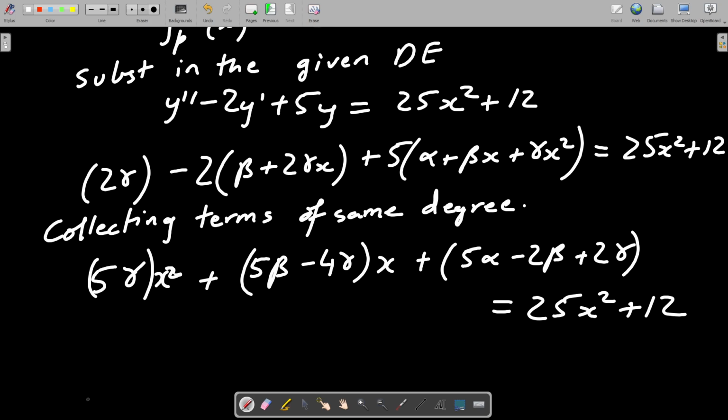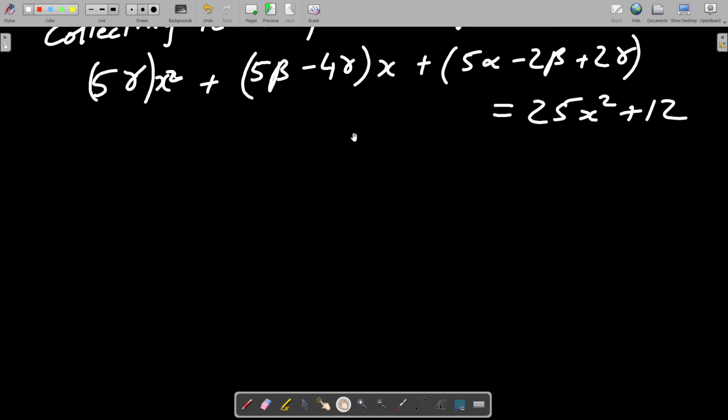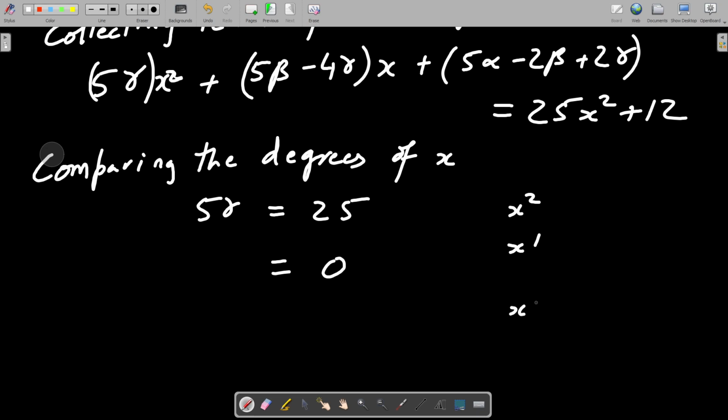And for the constant, you compare it with the constant. So comparing the degrees of x, you'll end up with 5 gamma is equal to 25. This is for x square, for x it is 0, and this is for x to the 0.